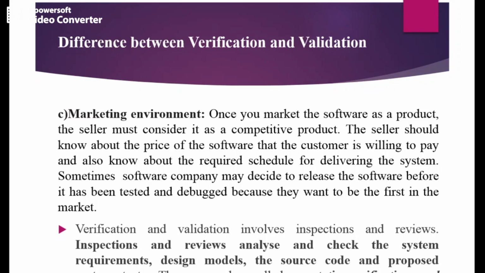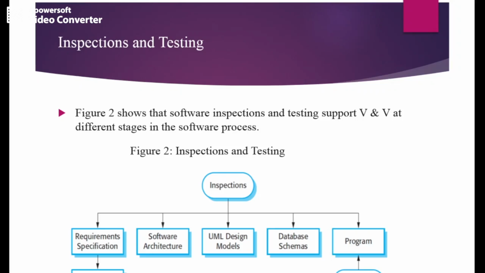Then they will analyze the design models which you have built. Then they will analyze the source code. They're not going to test it. And they will analyze what all test cases you have built. All things they will analyze to see whether it satisfies or not. So this is called static verification and validation. Static means it's not dynamic, static because you're not executing the code.